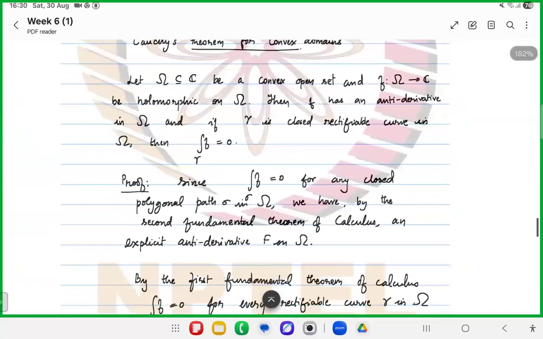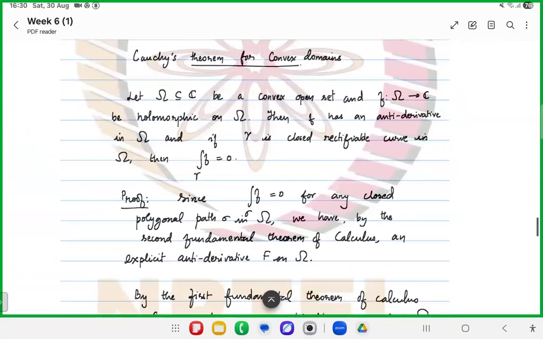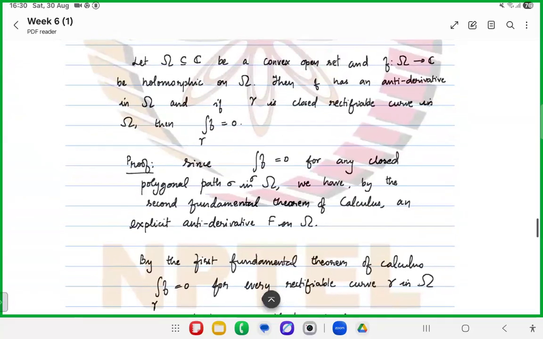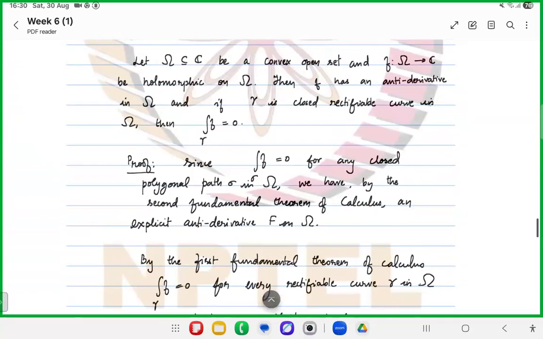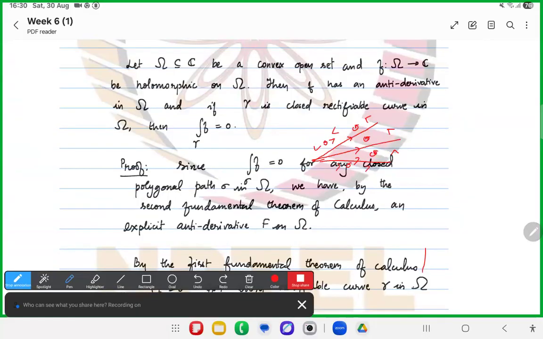Cauchy's theorem for convex domains. Over a convex domain, our closed curve integrals are zero. So this is, I think, clear, because we are just going to use the second fundamental theorem.